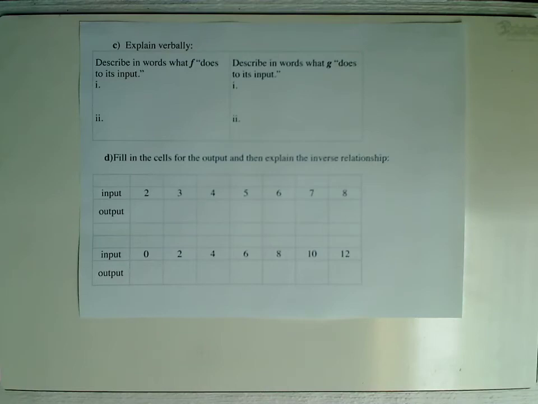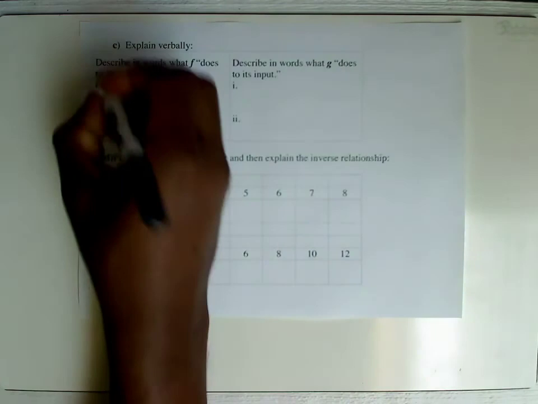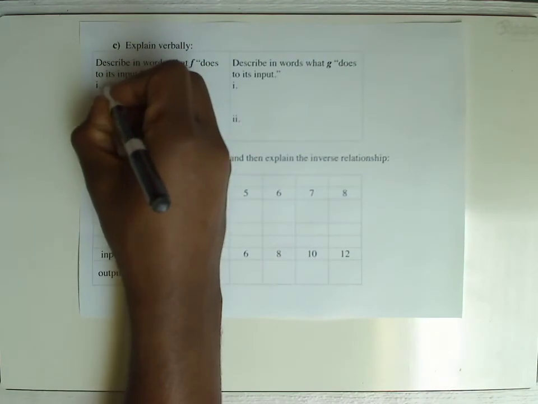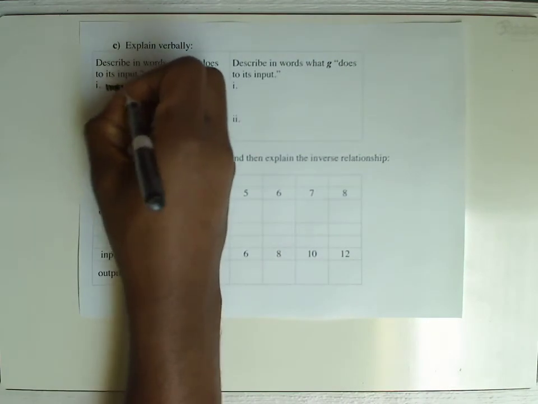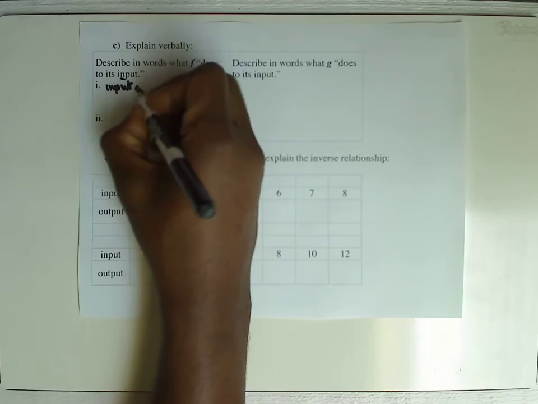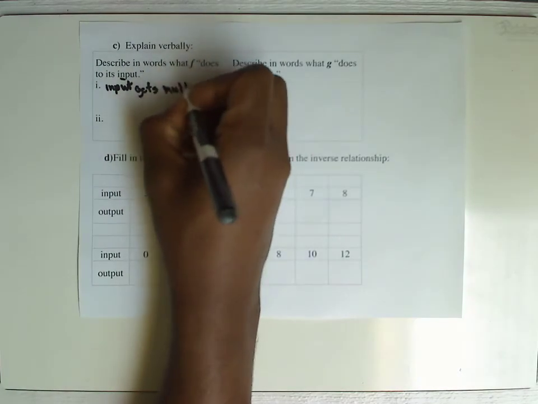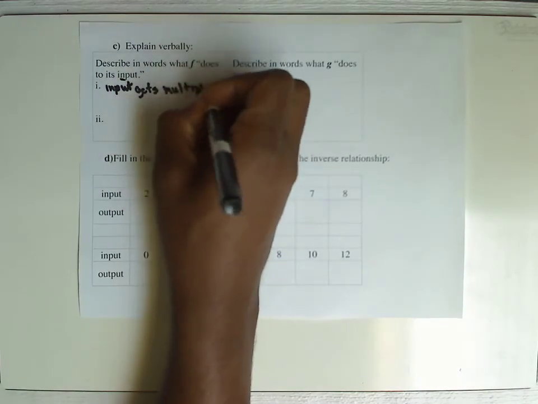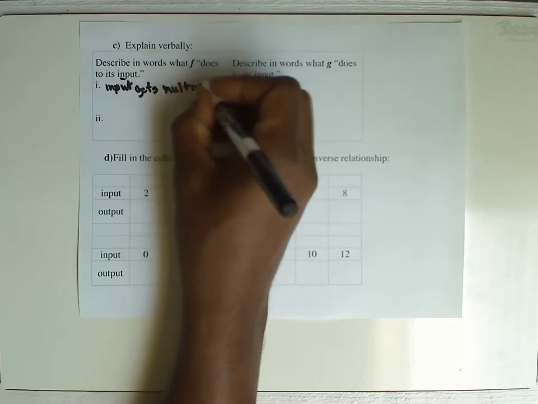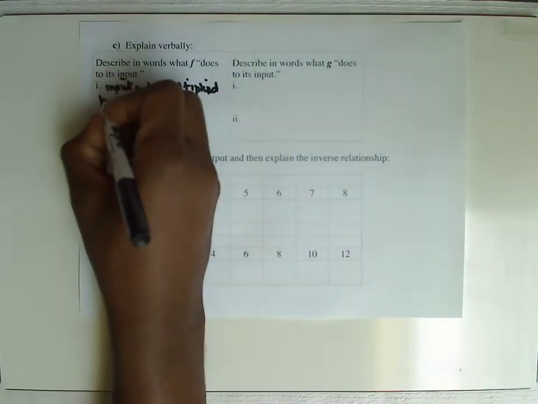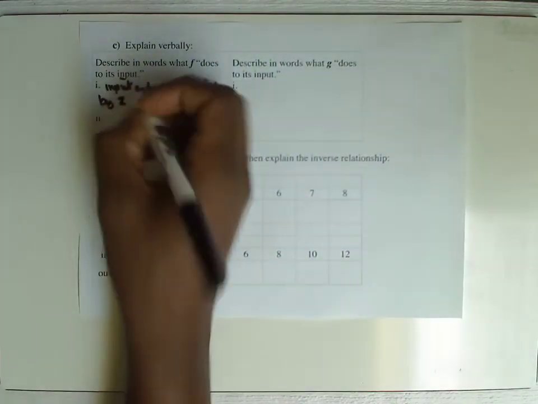Now for part C, we're supposed to explain verbally. So we'll describe in words what f does to its inputs. And basically the first thing it does is it multiplies it by 2. So input gets multiplied by 2.